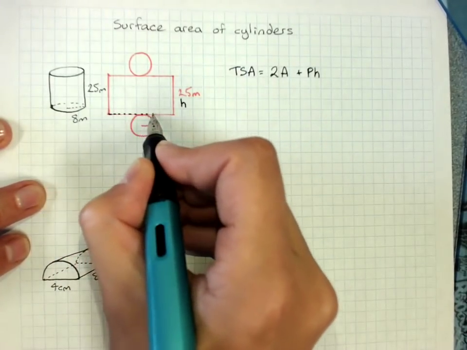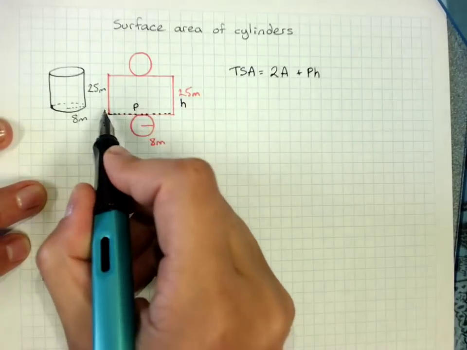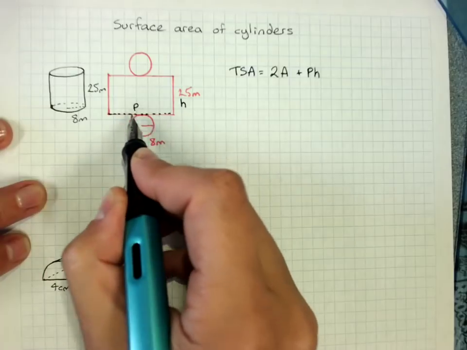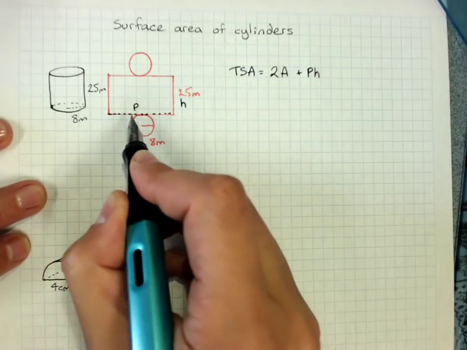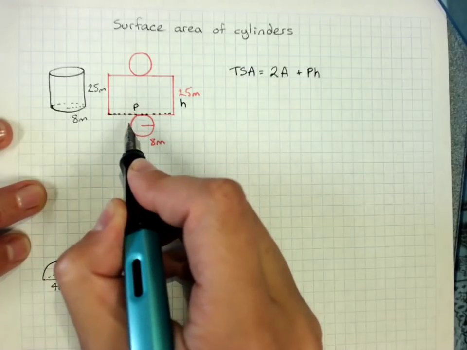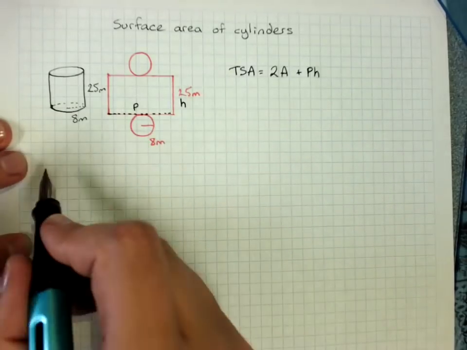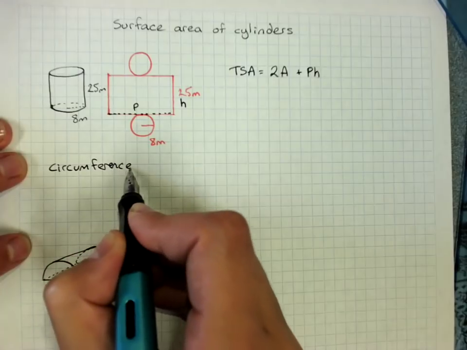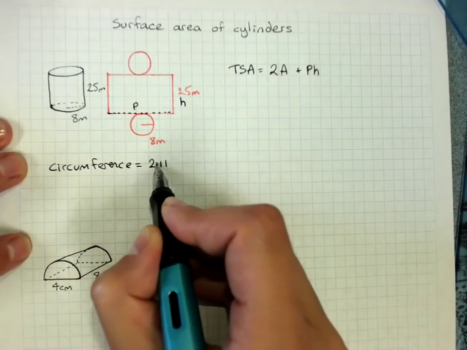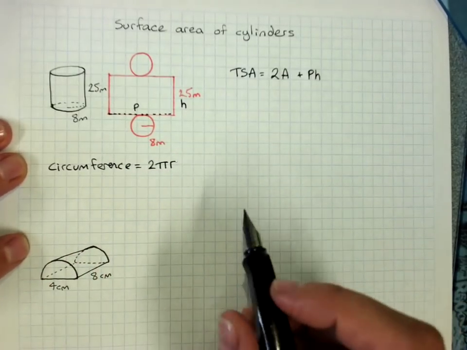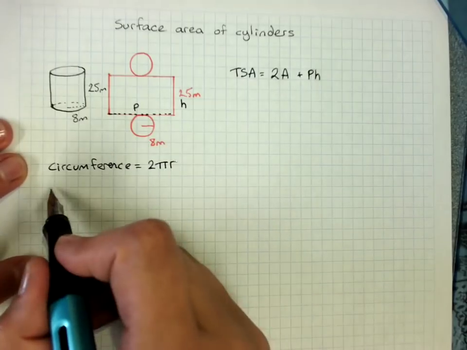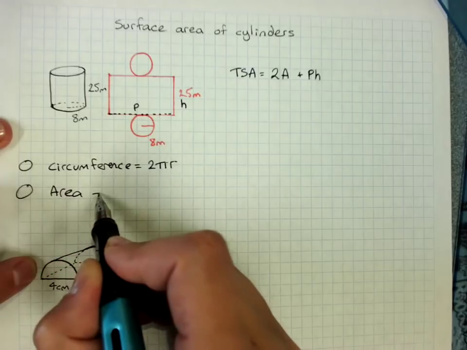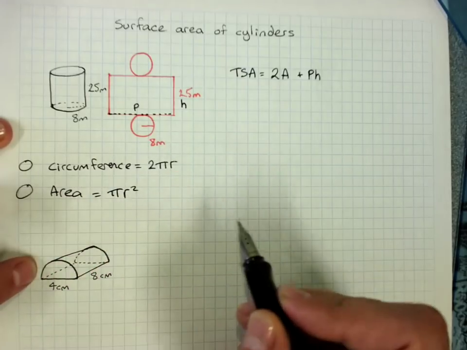The perimeter, as you remember, forms that rectangle, and I'd get the perimeter in this case by doing the circumference of this circle. Now we do have to remember the formula for the circumference of a circle, which is 2 times pi times the radius. And the area of a circle, so that's circle area, is pi r squared.